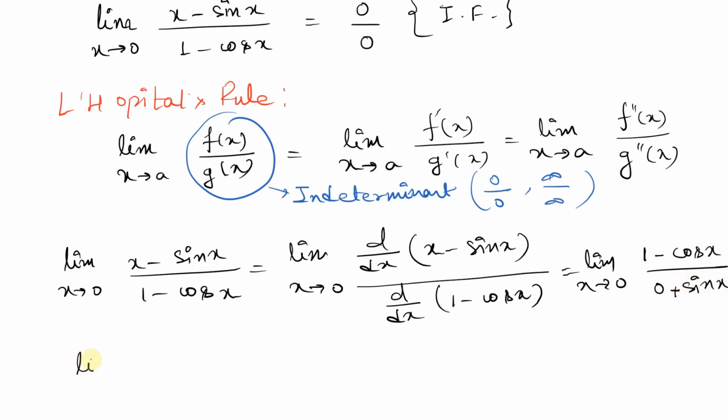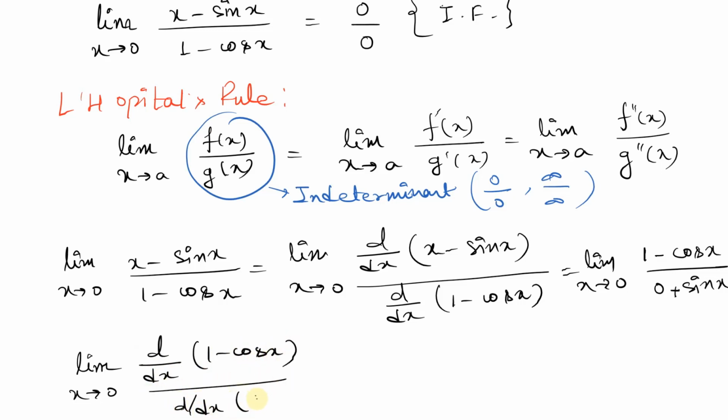So again we can use L'Hopital's rule and we can write limit x tends to 0. We'll differentiate the numerator with respect to x, so this will be 1 minus cos x upon d upon dx of sin x. So this will become limit x tends to 0, the derivative of cos x is negative sin x, so this will be positive sin x upon cos x.